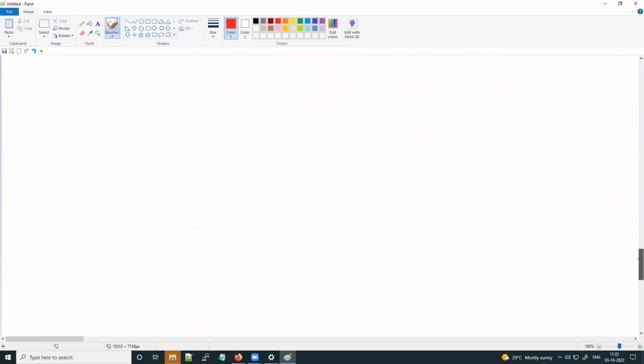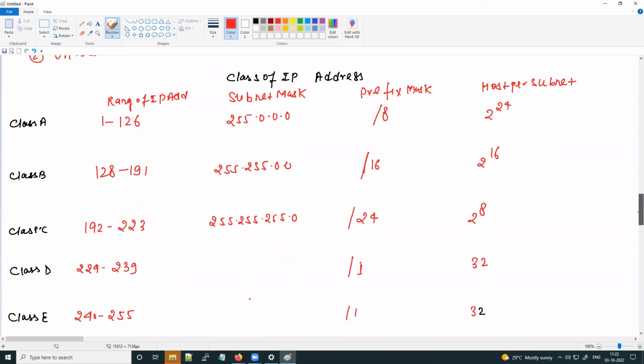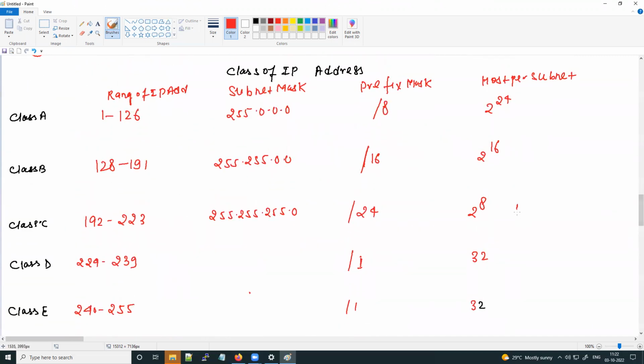If I have a big organization like HP, Google, Cisco, and HP uses this IP range, you will get a total of 256 IP addresses. 2 to the power 8 would become 256.